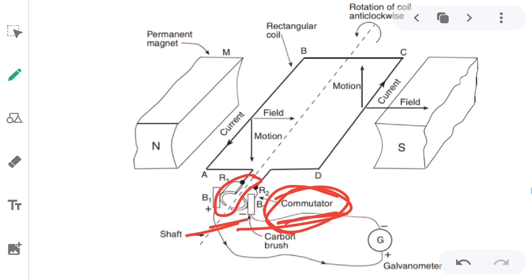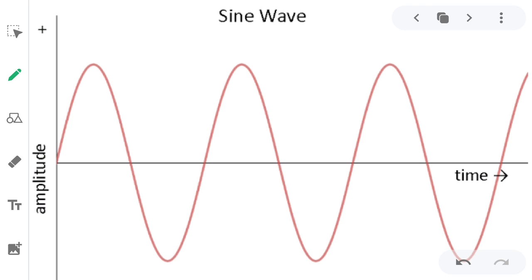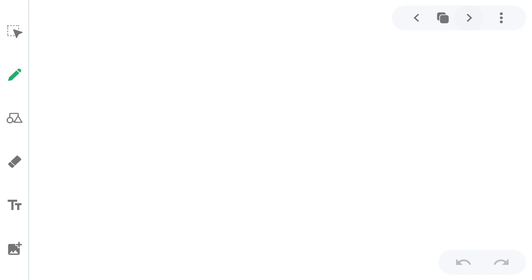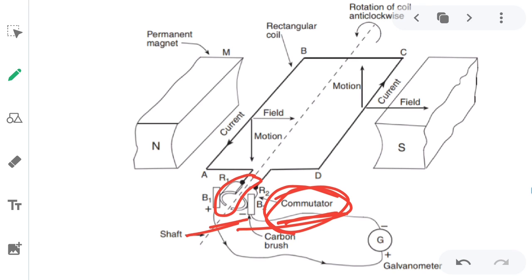Because in DC current the voltage remains constant, but in AC current the voltage doesn't remain constant because it is continuously changing its direction. Once it becomes positive, then negative, then positive, then negative, so the fluctuation of voltage is there. Okay, to remove that fluctuation, we use a commutator. Okay, and the direction becomes constant.